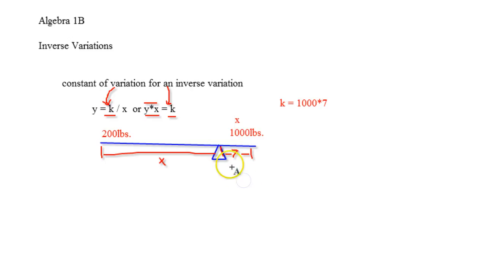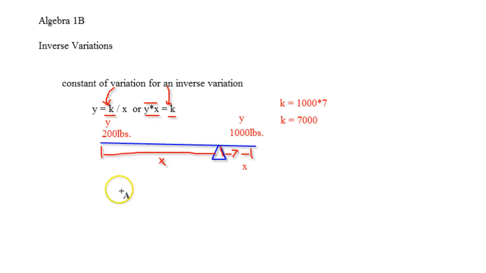It doesn't matter, you can actually switch them up. Let's just define this as y and x, since I already have that as x. So k is actually going to be 7,000.